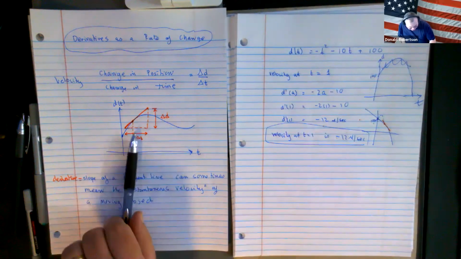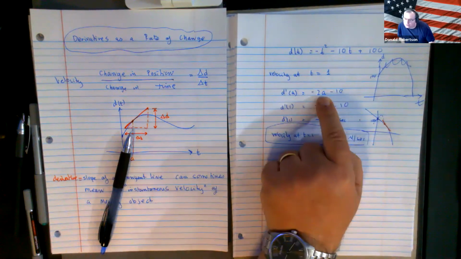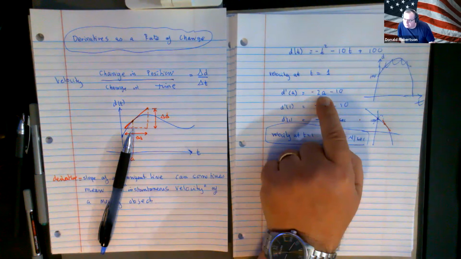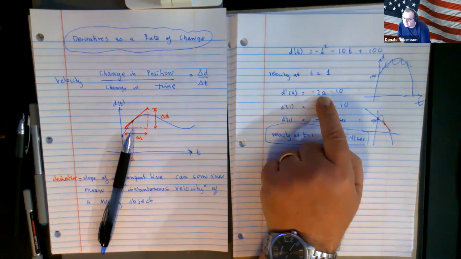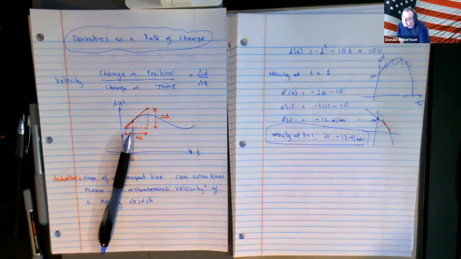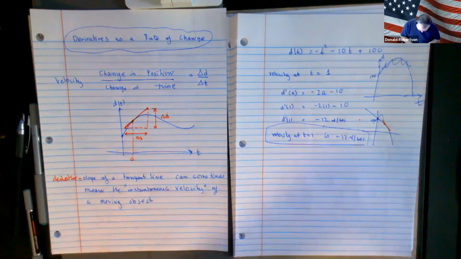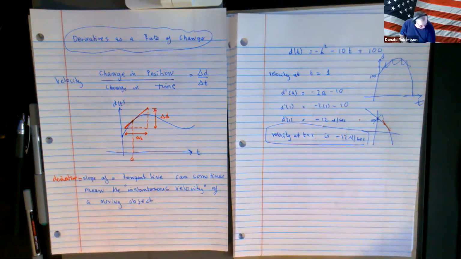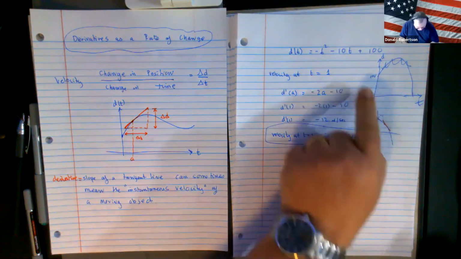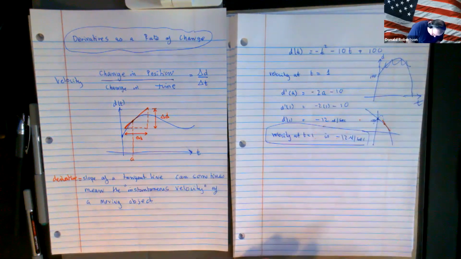Because once you've got this guy, can't you plug in t equals 2, 22, 50, 0, any number you like, and you will get a velocity. And so slopes of tangent lines, which we tend to call derivatives now. So derivatives, when it's distance against time, tell you velocity.